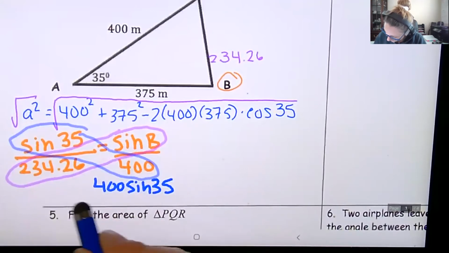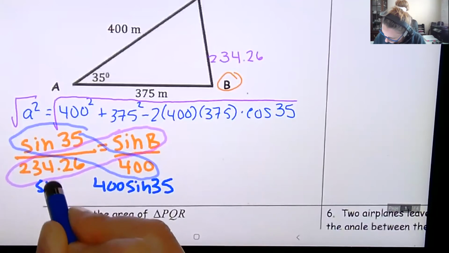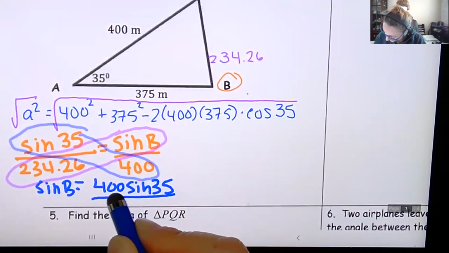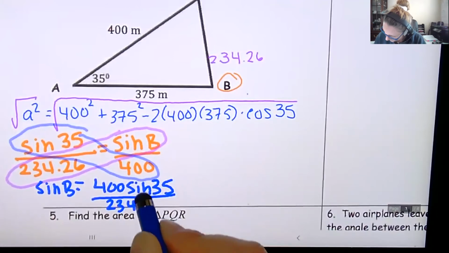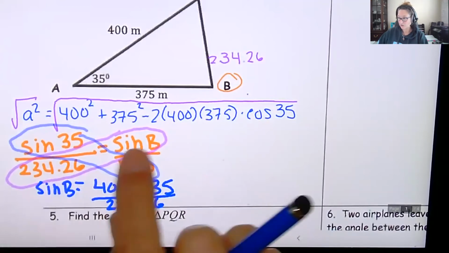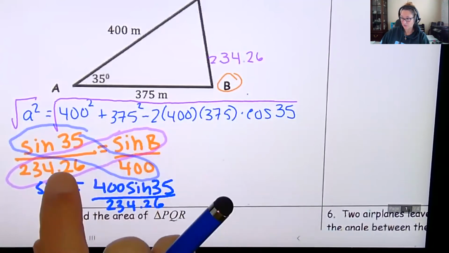So what I tend to do is I would do sine B equals over 234.26, because I know I multiply this together, got this, I multiply this together, and what's going to happen is since I want to solve for this, I'm going to divide.